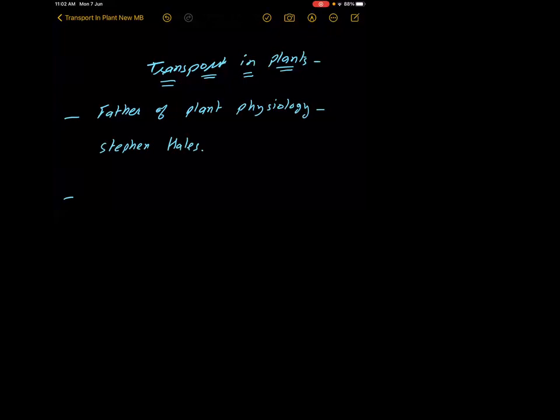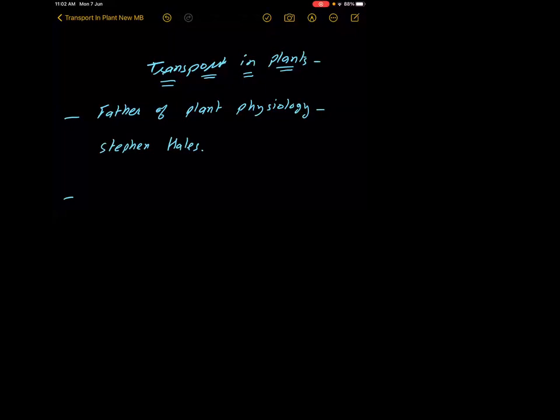This is the science which deals with the study of different biological activities inside the plant, inside the body. So that is called physiology.